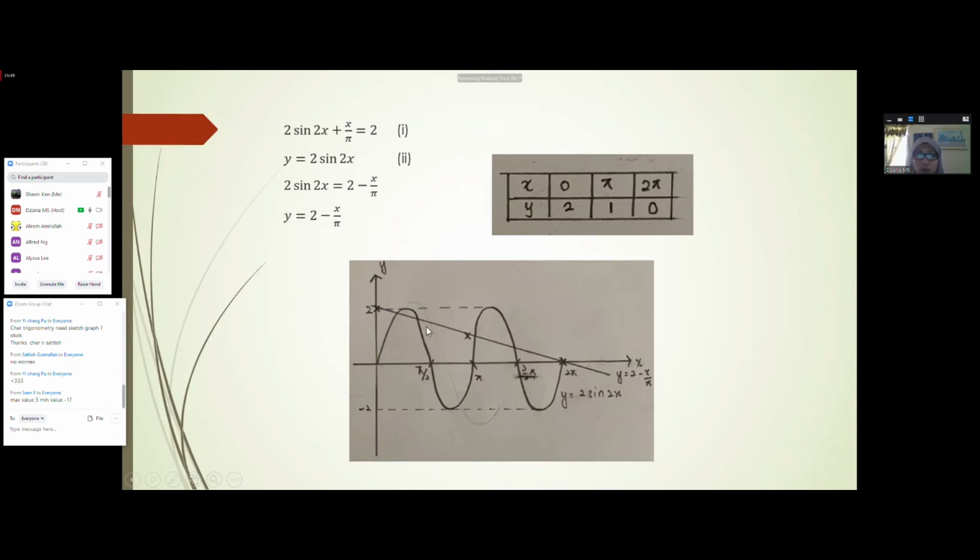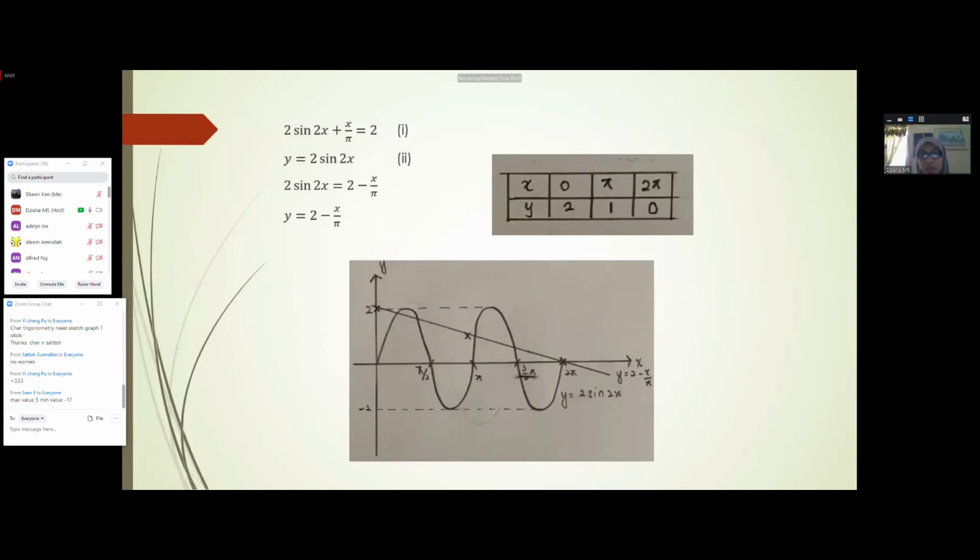And I draw the line. That's why I said not too small. Getting the equation of the straight line correct is 1 mark. Sketching the straight line on the graph is another 1 mark.